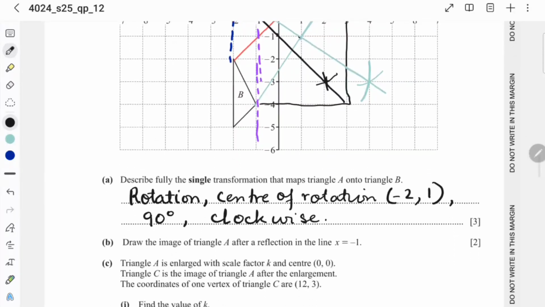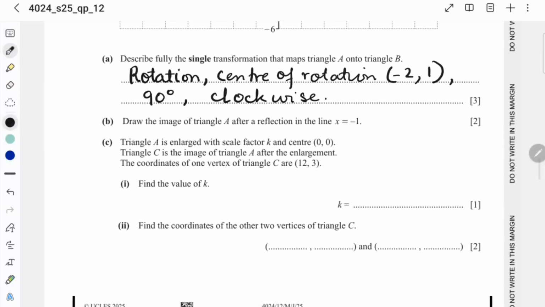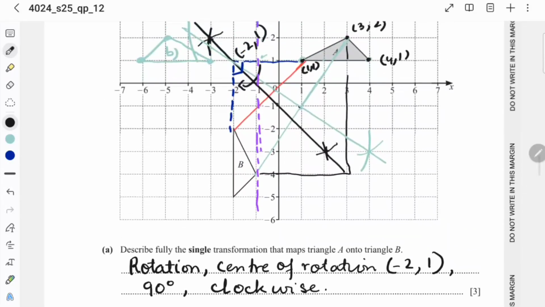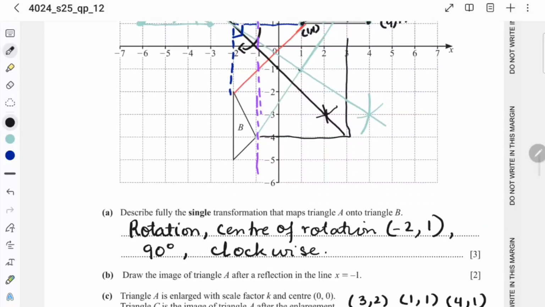Okay, let's see which coordinate is enlarged. We found (3, 2), (1, 1) and (4, 1).